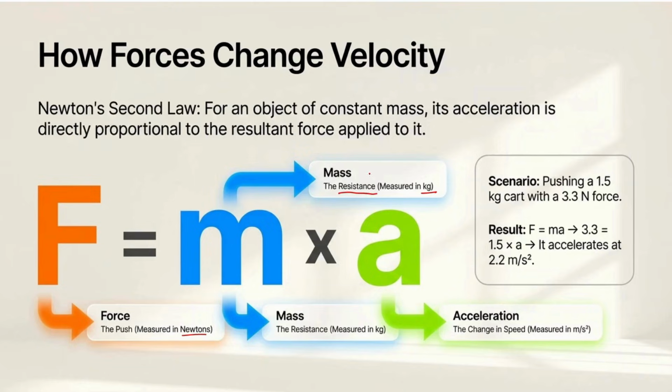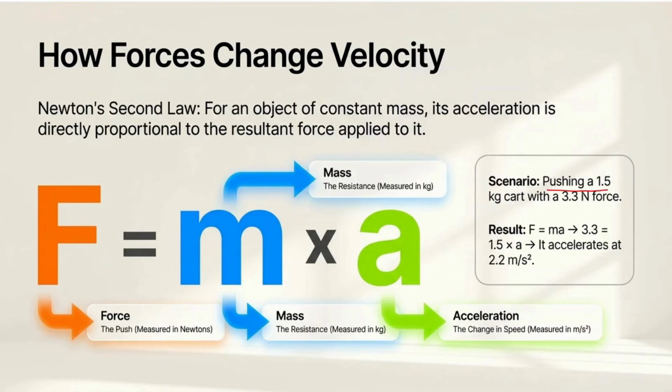It is resistance, because we have already said that inertia plays an important role in it. And acceleration is measured in meters per second squared. The change in speed, as we have defined, is dv upon dt, the change of v with respect to time.